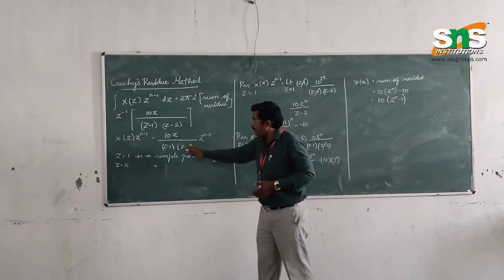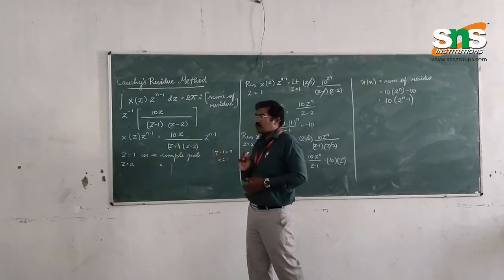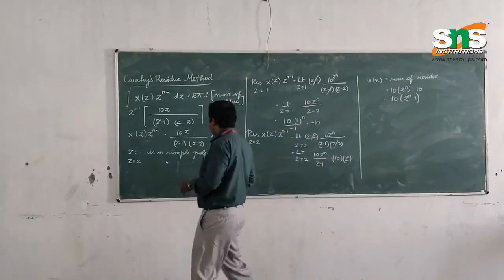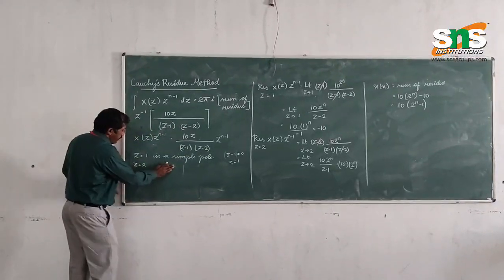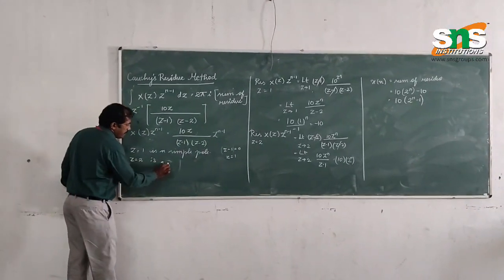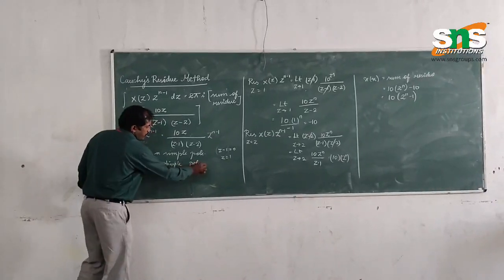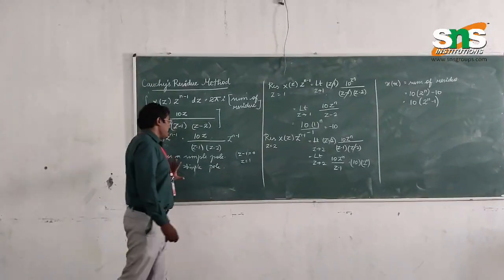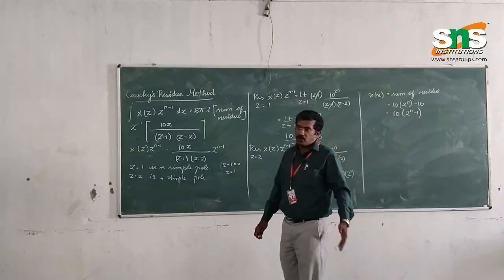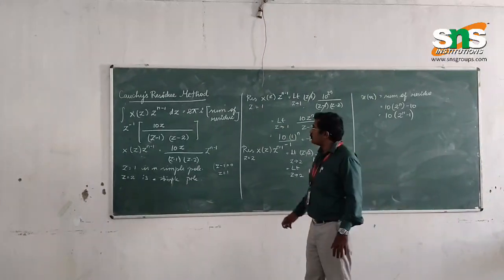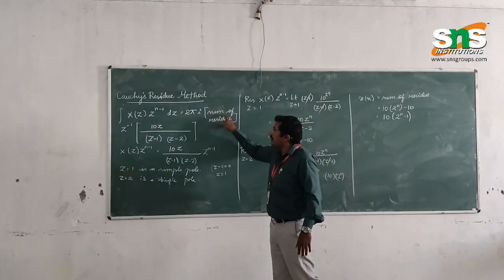Here both have power 1, so z equal to 1 and z equal to 2 are both simple poles. Using this we are going to find the residues. That is the important concept here.